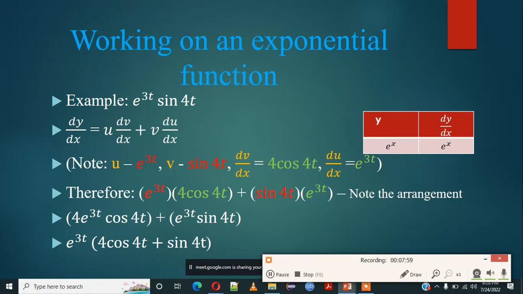And then when we open the bracket, we have 4 exponential 3t cos 4t plus exponential 3t sin 4t. Then we realize that exponential 3t is common, so we factor it out, and we have exponential 3t times 4 cos 4t plus sin 4t.